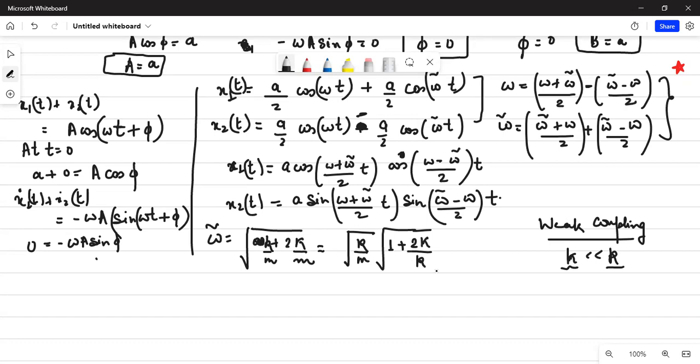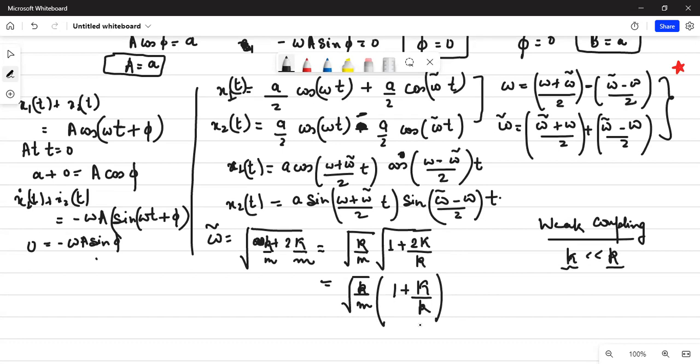And what we do is take this and expand it binomially. So this will be root over k upon m, and then 1 plus kappa upon small k, like 1 plus x to the n is 1 plus nx, if x is very, very small. Is that clear?